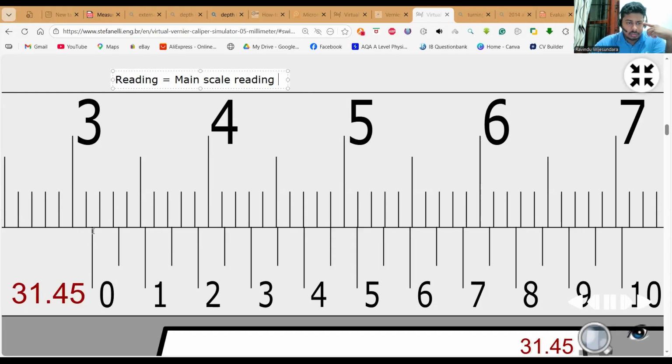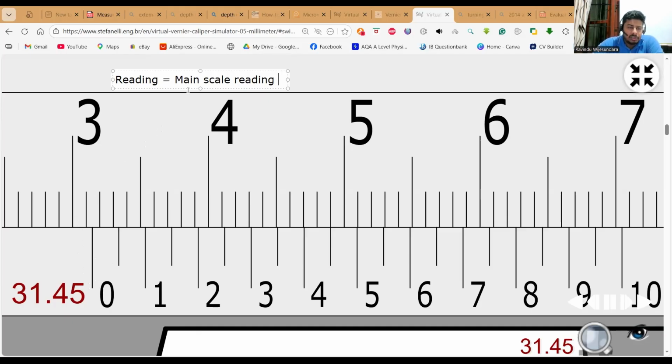And you have to check what is the main scale division which has been passed by the vernier 0. So this is the vernier 0 mark. This is the main scale mark which has been passed by the vernier 0. So this is the third centimeter, that means 30 millimeters and 31.